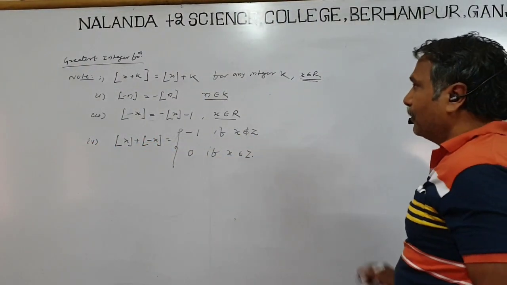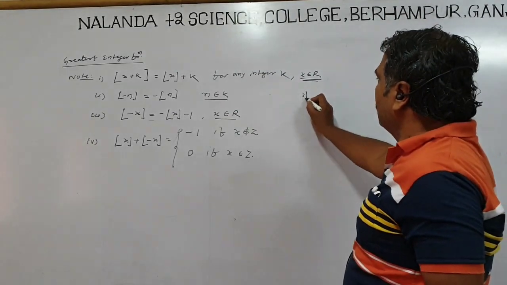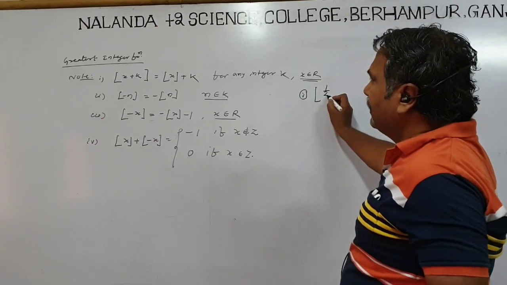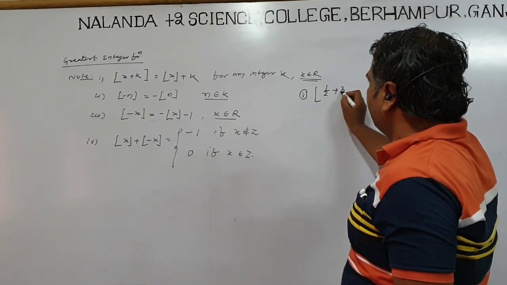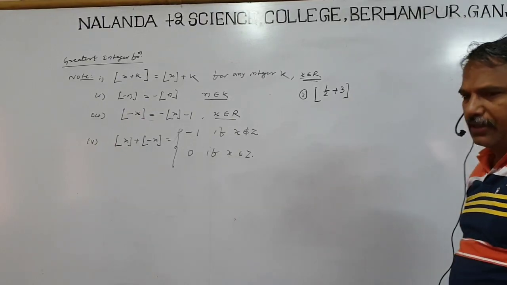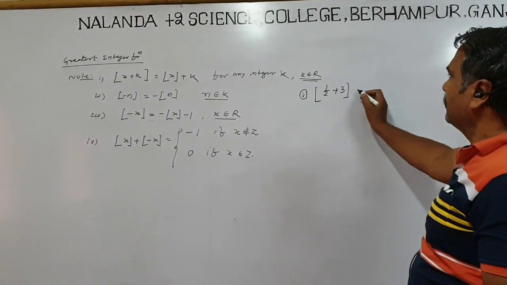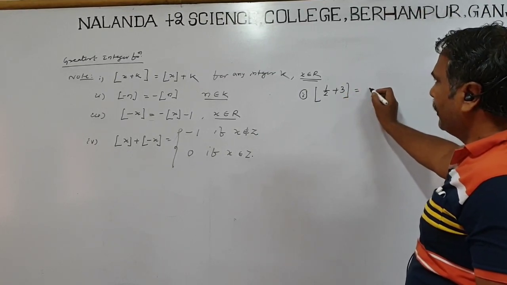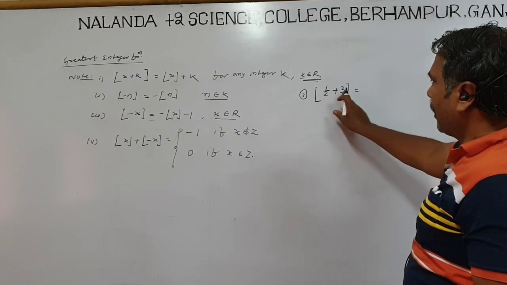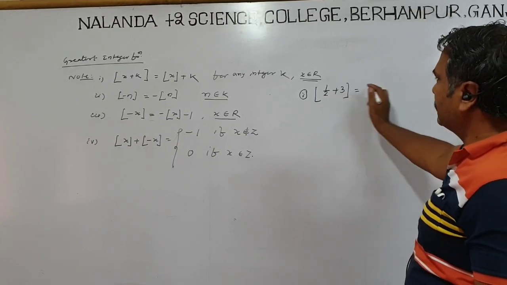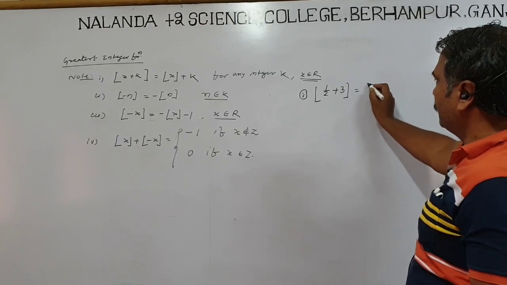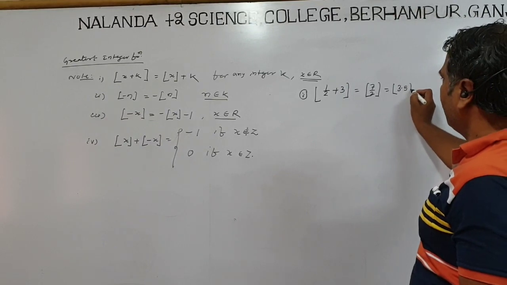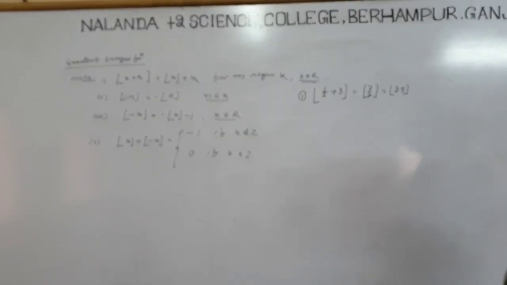Now for example, the first one: x belongs to real number, let us say 1 by 2, and k is integer, let us say 3. So what is the value of this one? This part equals 3 plus 1 by 2, that is 6 plus 1, 7 by 2, so this part equals 3.5.